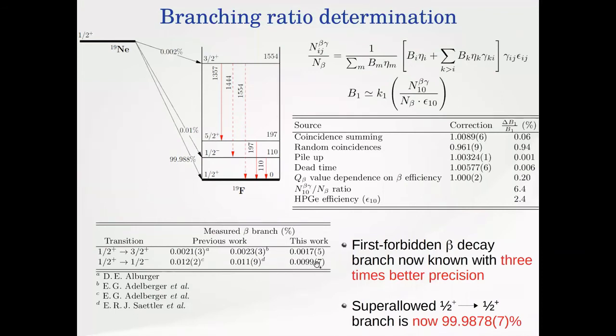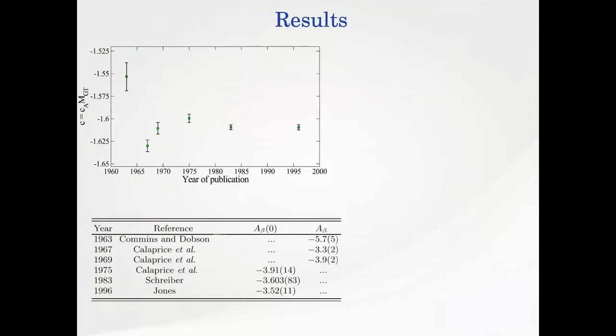So we made a factor of 3 improvement in the branching ratio to the first excited state. And now, together with the precise half-life measurement, the branch is known with this much precision, 99.9878 plus or minus 0.0007%. And the FT value has now been improved by a factor of 3.5.